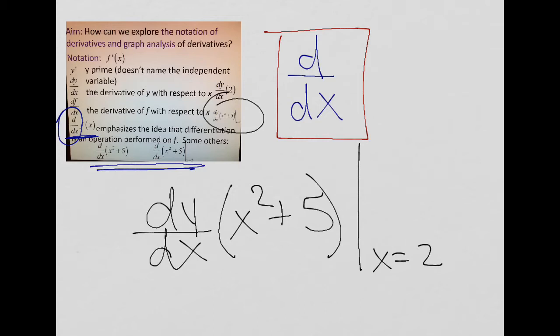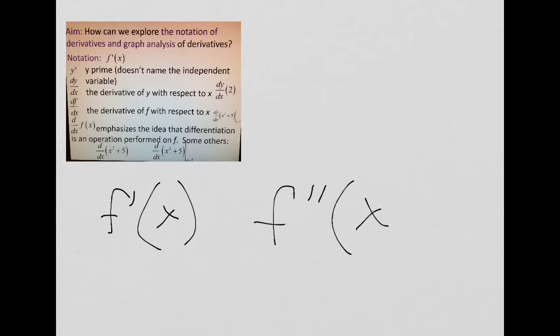And just one more thing while I'm at it, I figure I'll throw it in. When I started talking about this, we were talking about the first derivative. So f prime of x is saying we're taking the first derivative, whereas f double prime of x, we're taking a second derivative, and so on.